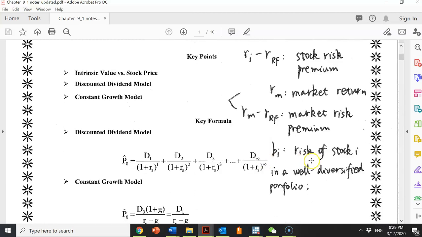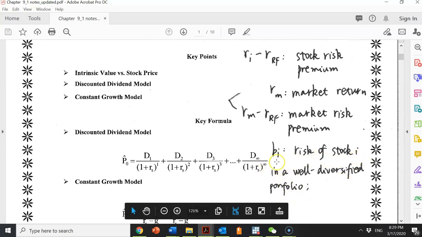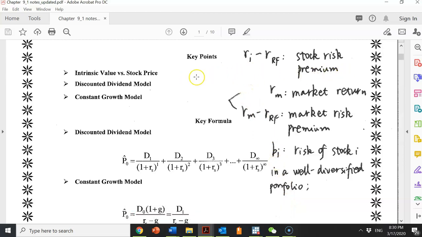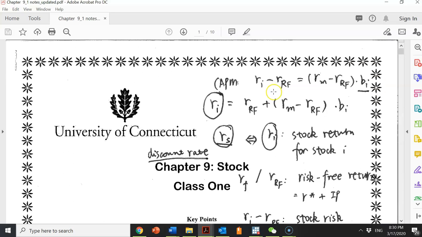And beta is the risk of a stock i in a well-diversified portfolio. So we set stock risk premium, RI minus RRF, equal to the market risk premium multiplied by beta. This is how we get CAPM.